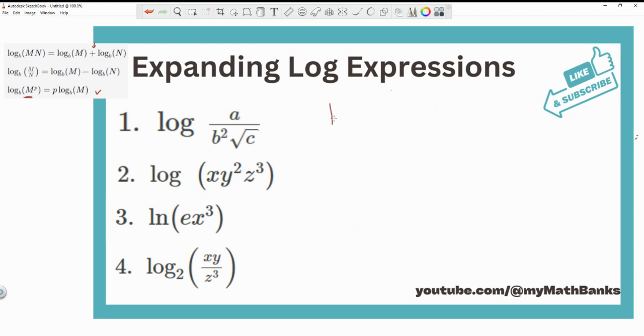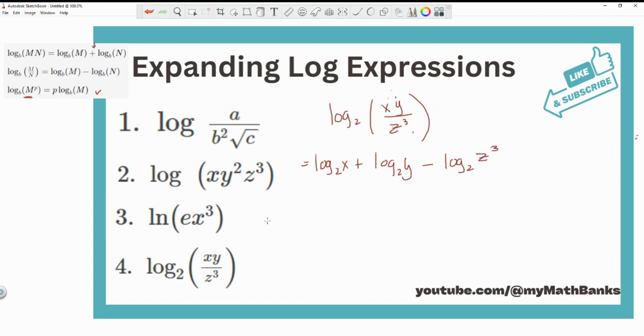Okay, so you have log base 2 of x y over z cube. Okay, so now you have two numerators, so that will be a plus, that's a plus, this is going to be a minus, right? So you have log base 2 x plus log base 2 y minus log base 2 z cube.